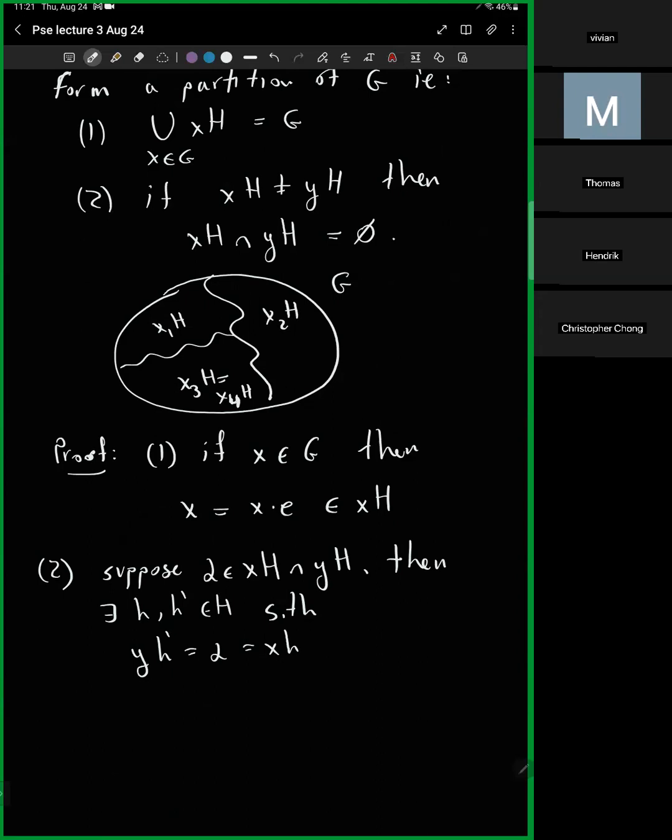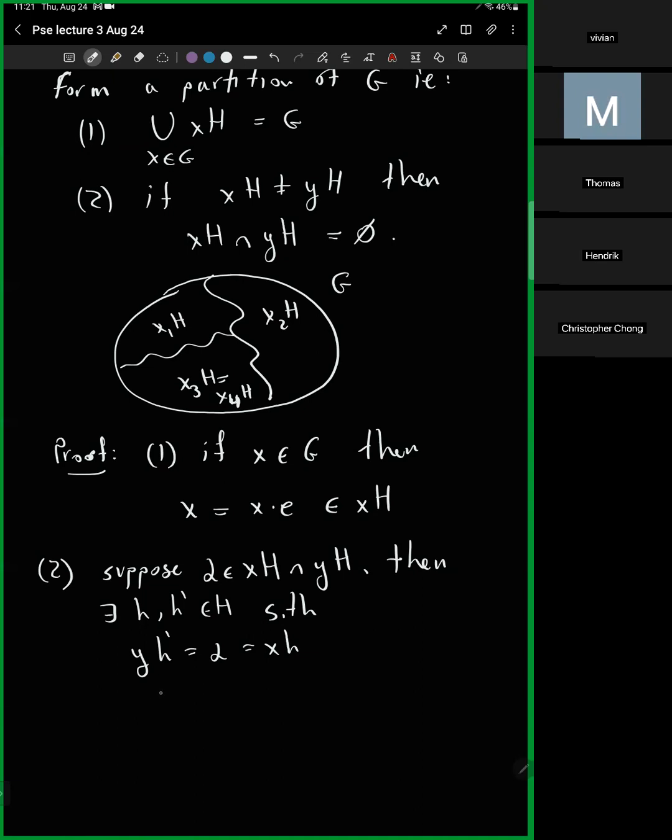Any question? Okay, so if I have an element that is in the intersection of xH and yH, then it can be expressed in two ways. First as x times h, and second as y times h prime.